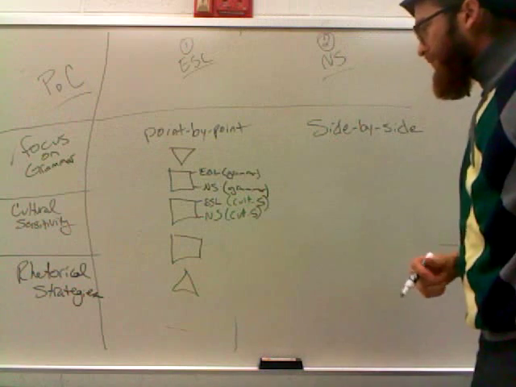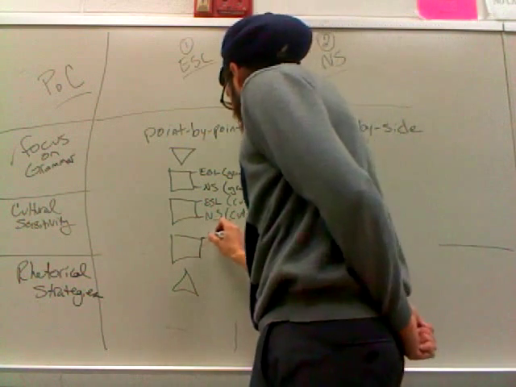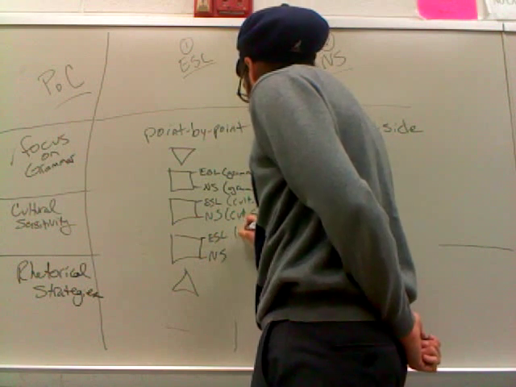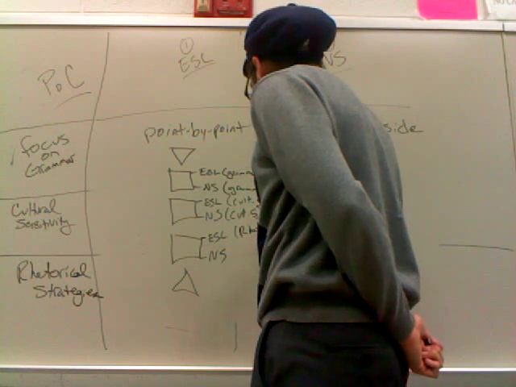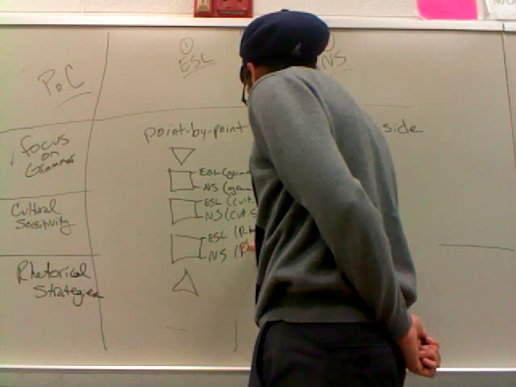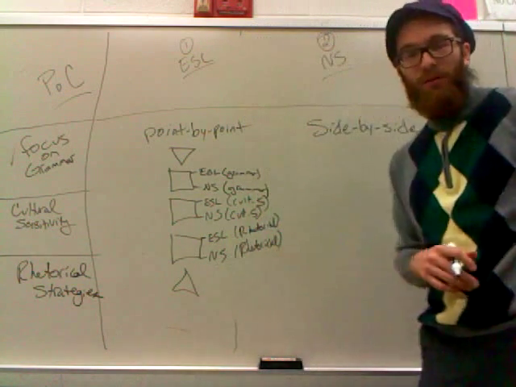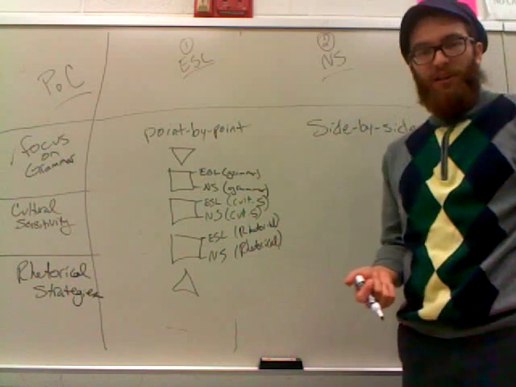Okay. Can you guess what the last paragraph is going to be? I bet you can. ESL, native speaking students, with the rhetorical strategies and the rhetorical strategies. Okay, this is called the point-by-point organizational strategy of compare and contrast essays.